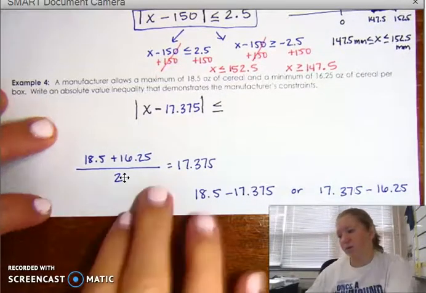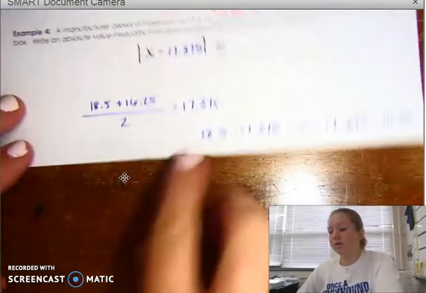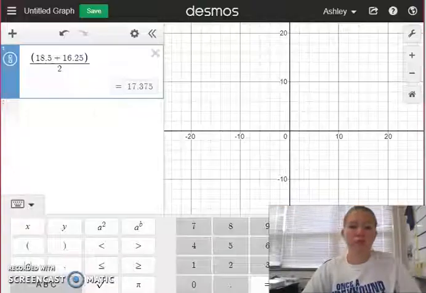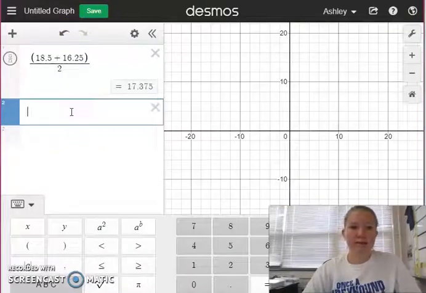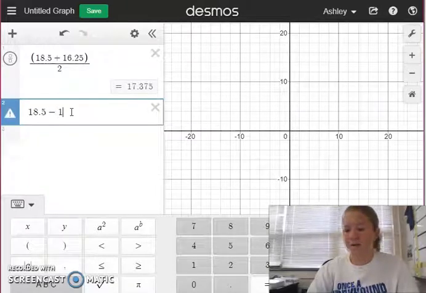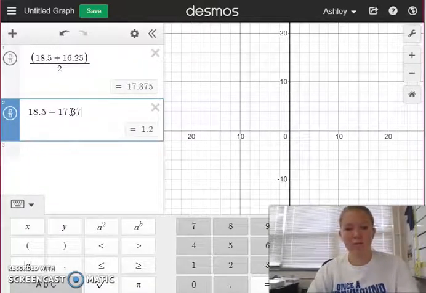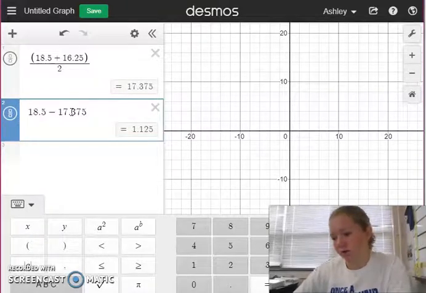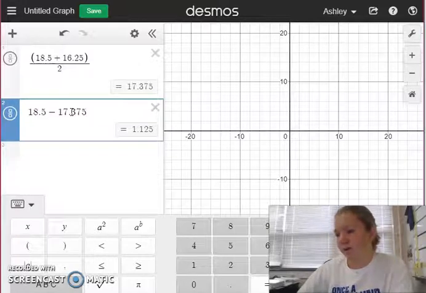Whichever way you'd rather do it, you should get the same answer either way because this is the middle point of those two values. So I'll just type in that first one, 18.5 minus 17.375, and we get 1.125 for the tolerance. So that is our absolute value inequality that will demonstrate the manufacturer's constraints.